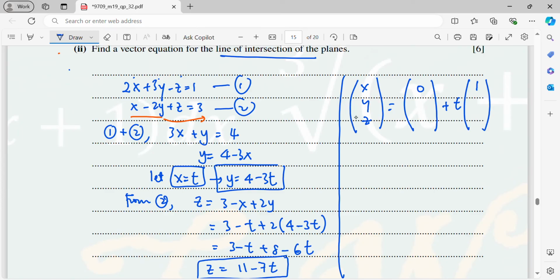So that means 4 then minus 3t. Then my z is 11 minus 7t. This is minus 7. So from here, I'm getting the vector equation. So done for this part. So you can write r equals (0, 4, 11) plus t of (1, -3, -7). So that is the solution for part 2.